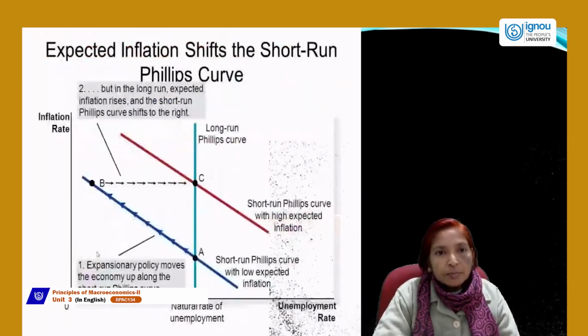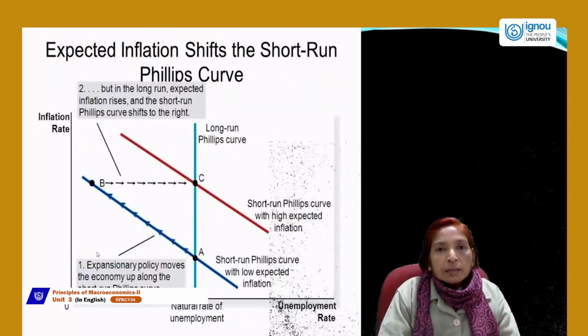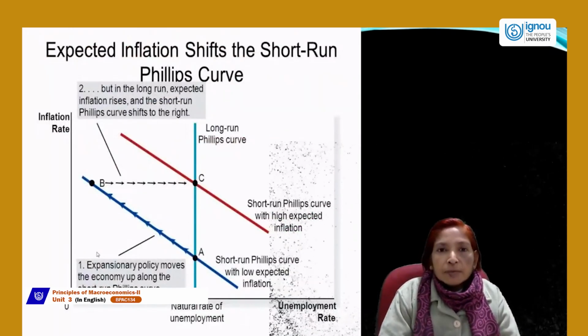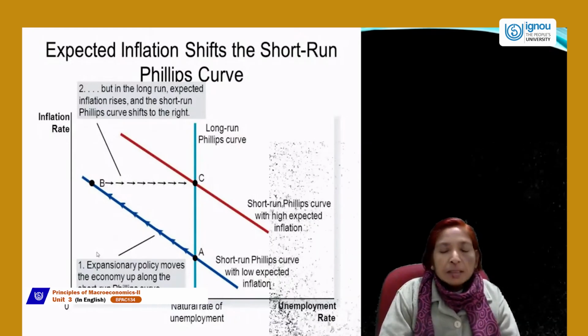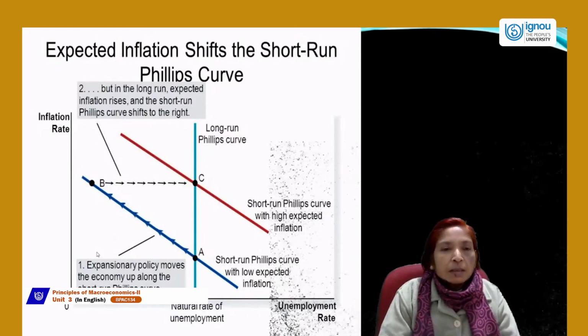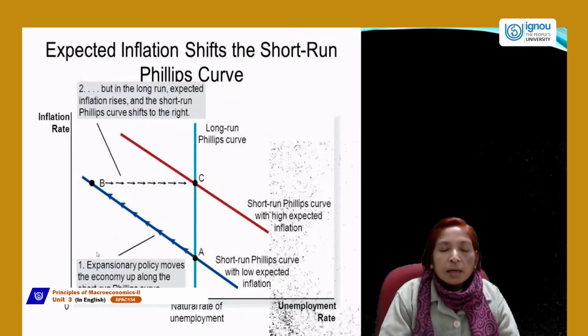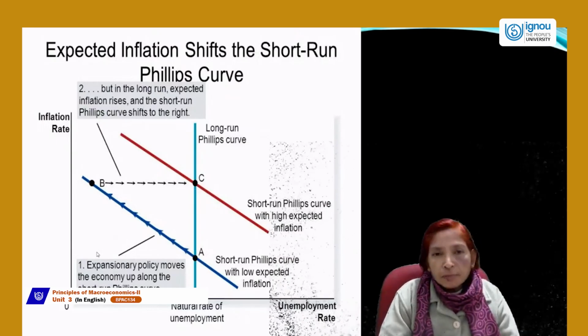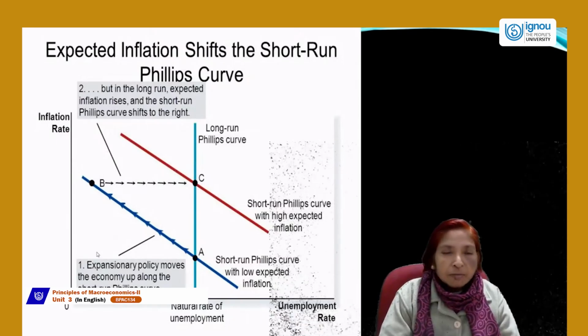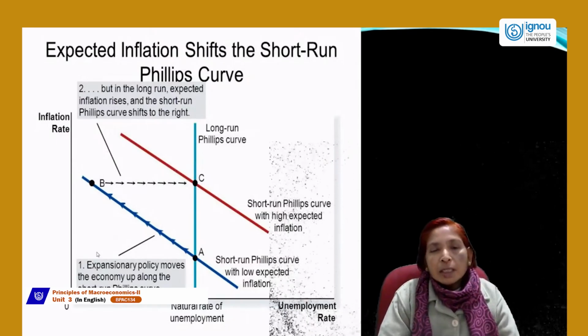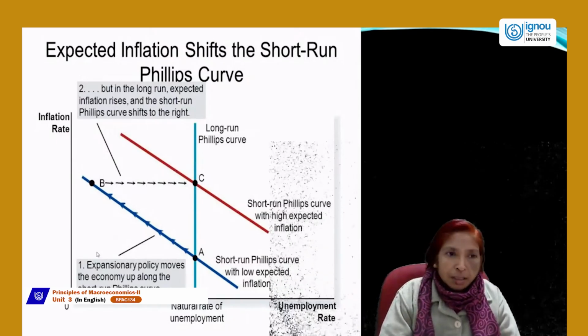Now next, expected inflation shifts the short run Phillips curve. If we expect that the inflation rate will increase, then the Phillips curve can also shift either upward or downward, depending upon whether expected inflation is increasing or decreasing.